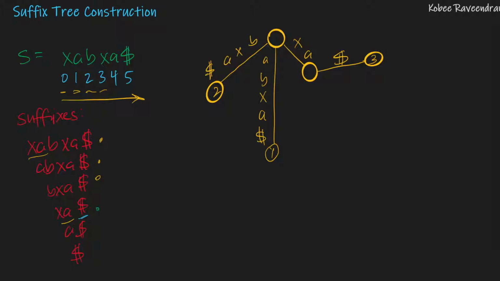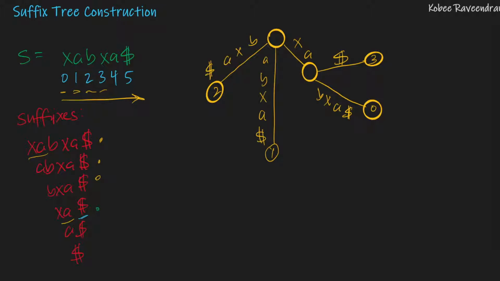And then there's another edge where I just take the original root, which was the first suffix. So that would be b, x, a, $. And that, of course, was the suffix beginning at index 0. So now we've correctly handled the case where a suffix is a prefix of another suffix. So now we're done with this iteration.